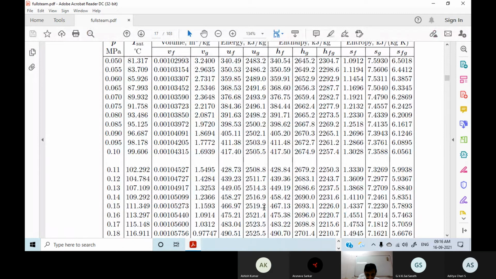At 0.15, these last three columns were for S. These three columns before that are for H. So HF is 467.13 and HFG is 2226.